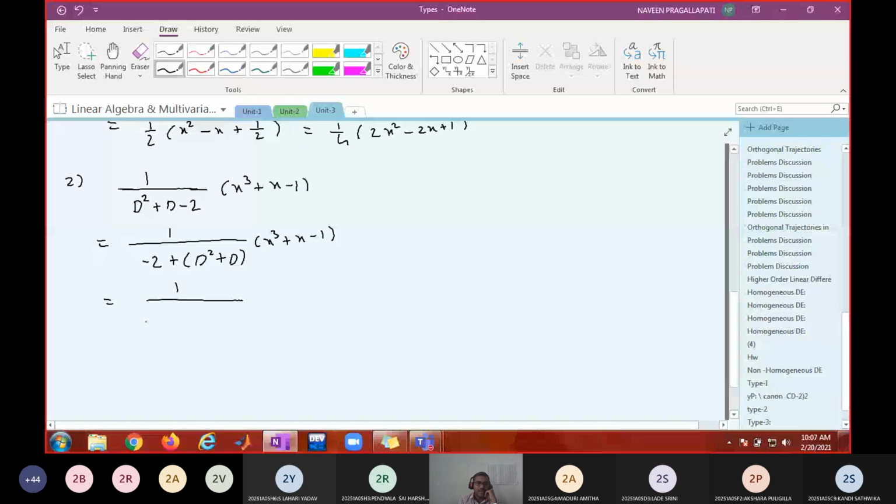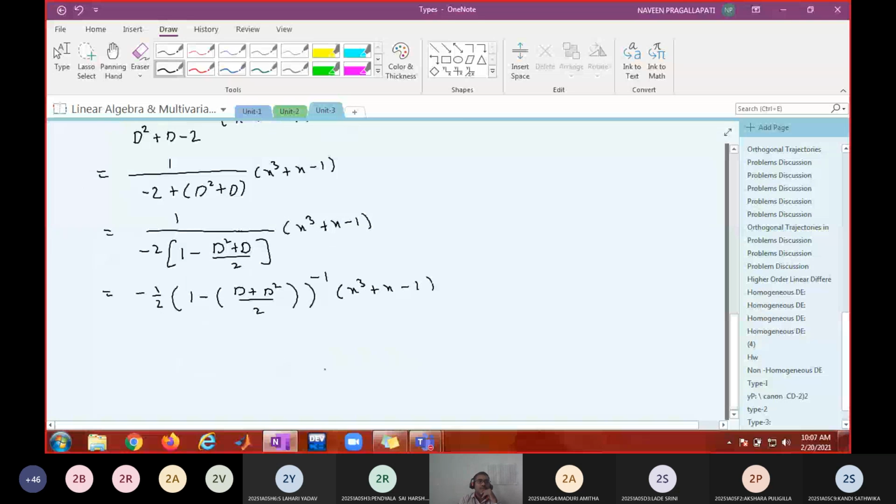If I take minus 2 common, what do you get? 1 minus d square plus d by 2. Do you agree? Yes, sir. Then is it not in the form 1 minus t? So this is minus 1 by 2, 1 minus of d plus d square by 2 whole power minus 1 of x cube plus x minus 1.